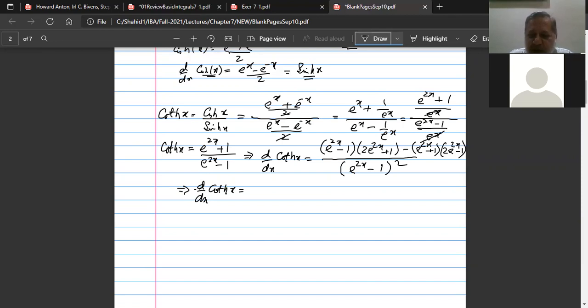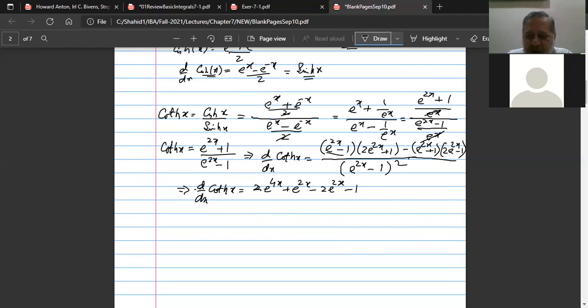We simplify it algebraically as much as we can. This multiplied by this gives 2e^(4x) plus e^(2x) minus 2e^(2x) minus 1, these two are multiplied.